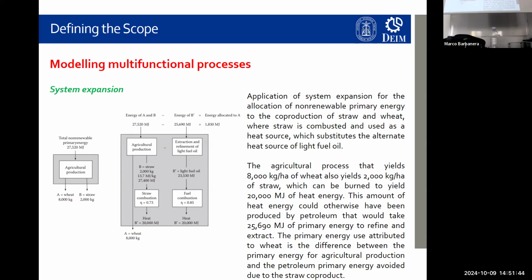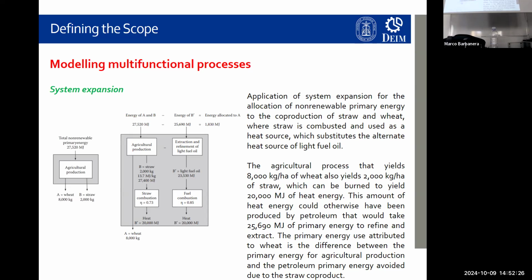So if, for example, we have calculated that the greenhouse gas emissions due to the agricultural operations were equal to 10 kilograms of CO2 equivalent, and we want to calculate the exact impact associated to the wheat, we have to multiply 10 kilograms of CO2 equivalent by 80%, by 0.8.